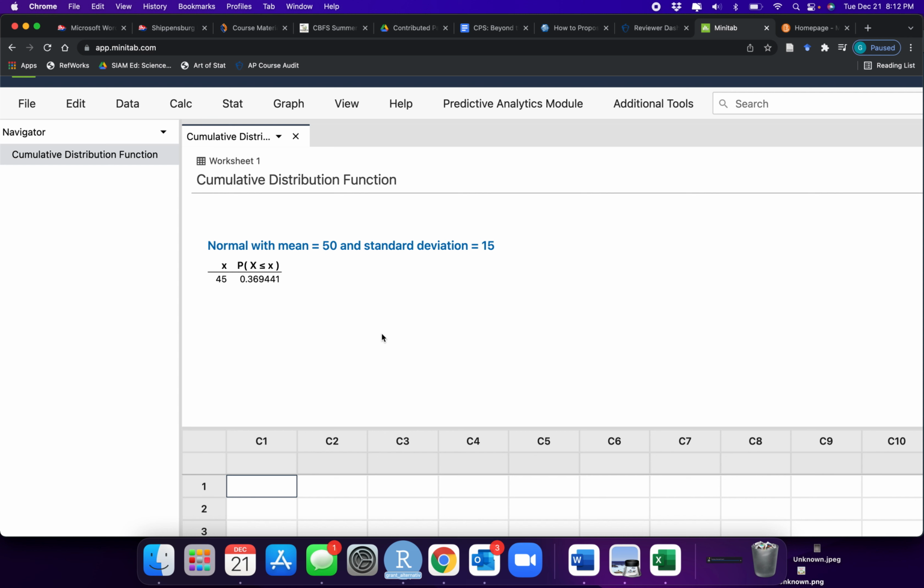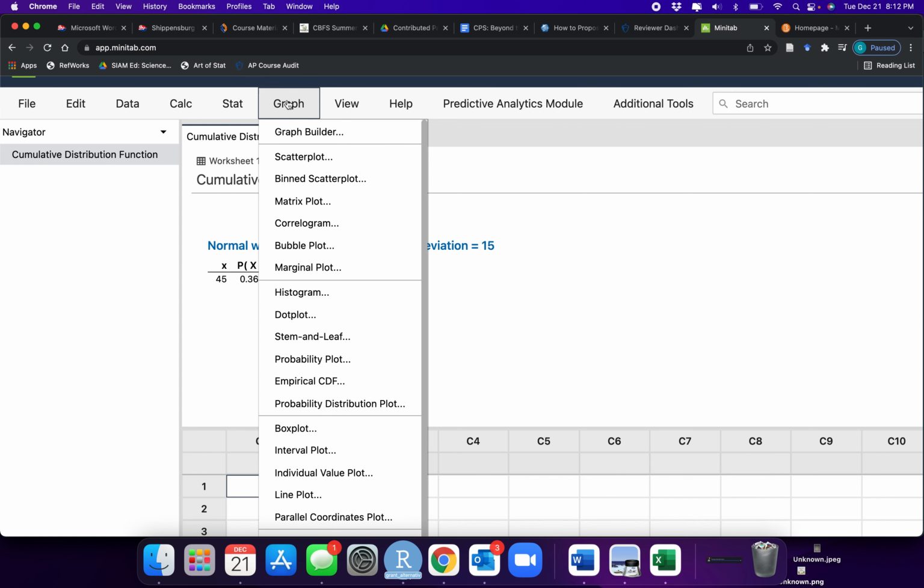Okay, it does work, but I don't want to confuse you by going through the explanation. So what I'm going to do is give you another way in Minitab to calculate these things. There is a way that we can find this probability easily. And this is the way that you will probably choose to calculate your probabilities if you use Minitab, and that's going to be Graph, and then something called Probability Distribution Plot.